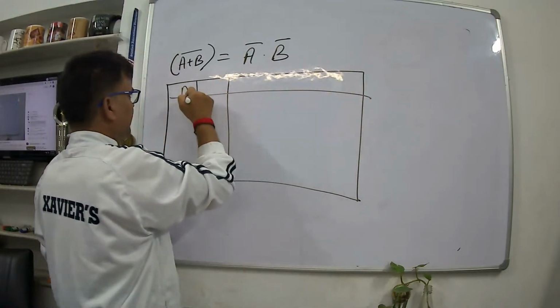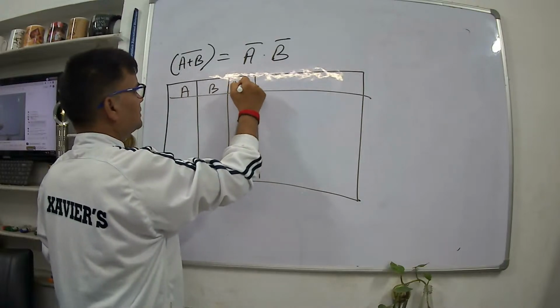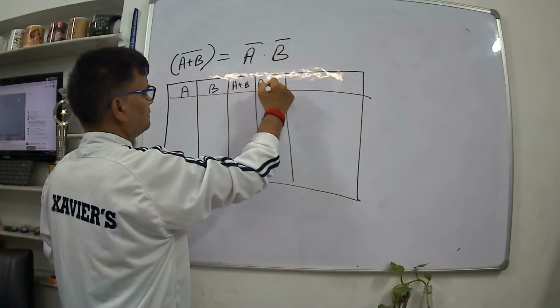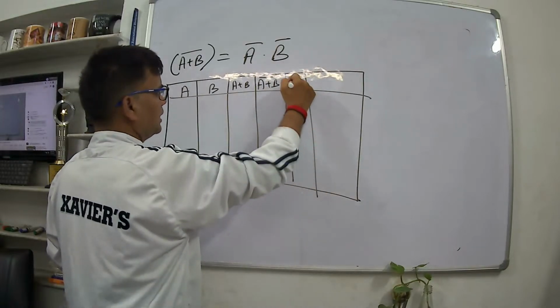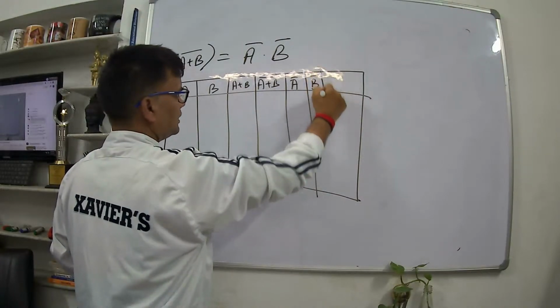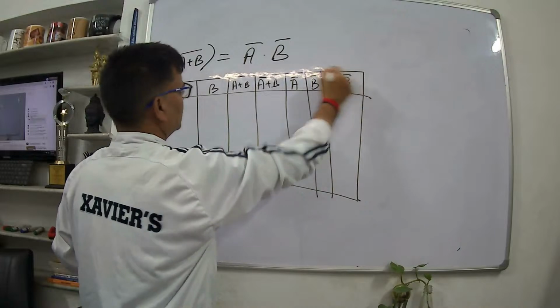This is A, this is B, this is A plus B, this is (A plus B) bar, this is A bar, this is B bar, and this is A bar dot B bar.